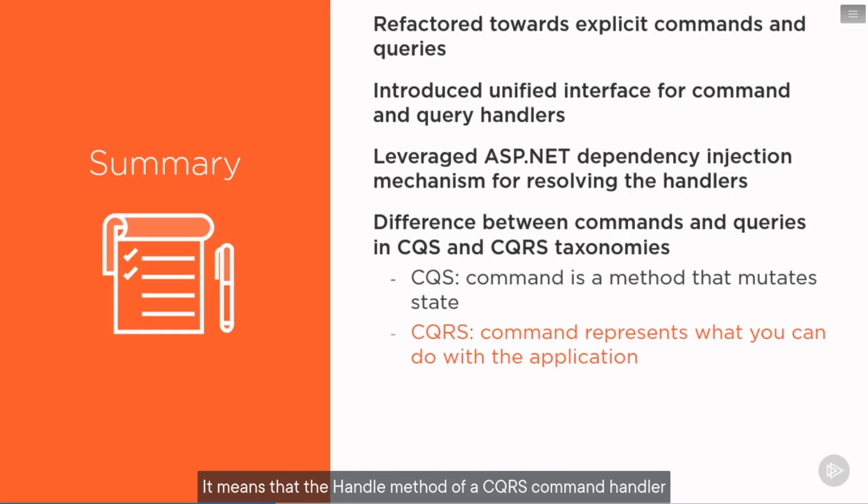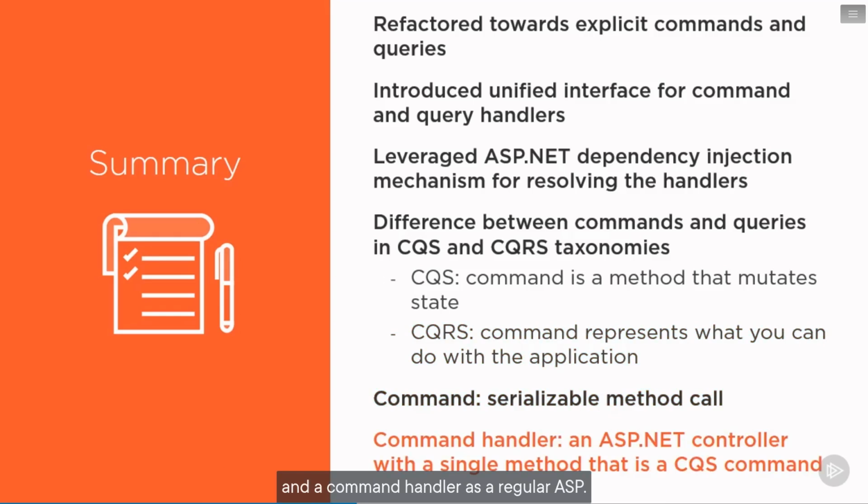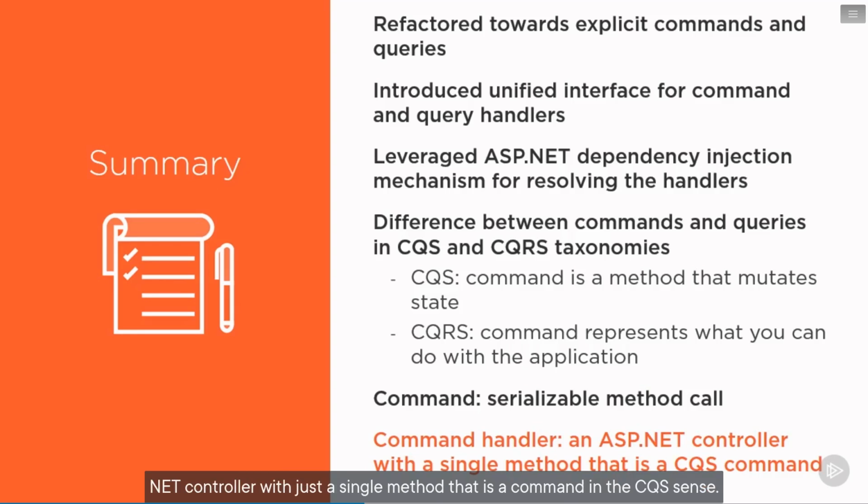It means that the handle method of a CQRS command handler doesn't return anything to the caller, aside from the confirmation of the operation's success or failure, and the handle method of a query handler doesn't incur any side effects. As you can see, the definitions are quite interconnected. You can view a CQRS command as a serializable method call, and a command handler as a regular ASP.NET controller with just a single method, that is, a command in the CQS sense.